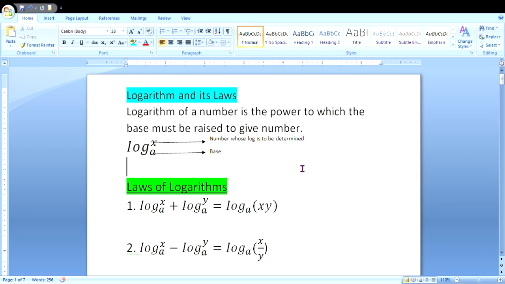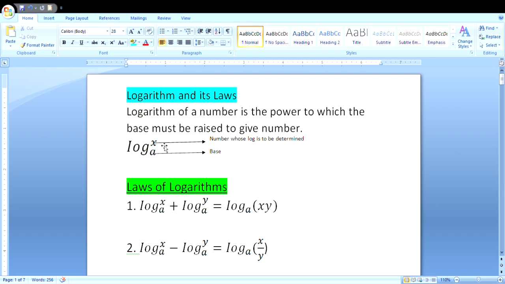Okay, first and foremost, let's look at what logarithm is, from a simple definition. The logarithm of a number is the power to which the base must be raised to give that number. Now let's look at this. We have log x to base a.